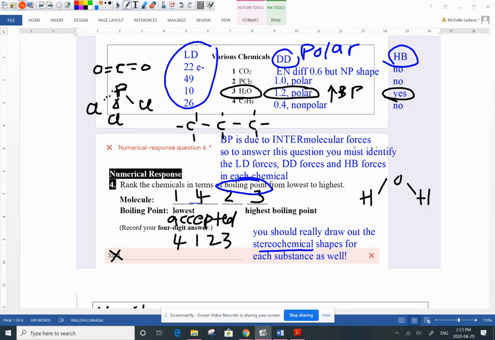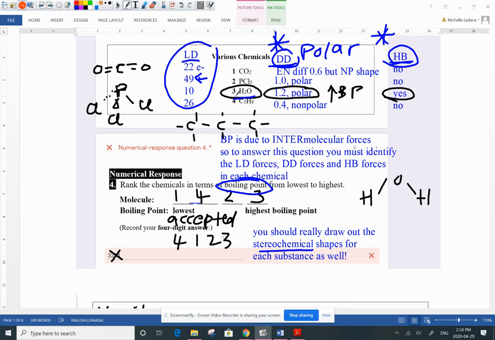So a lot of students maybe picked, ooh, well, this one must have the highest boiling point because it has the most electrons. That's not true, because when you are comparing, you have to look at the strongest of these intermolecular forces. These count more because they're stronger forces than the number of electrons.